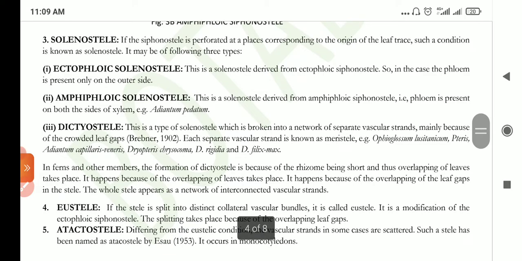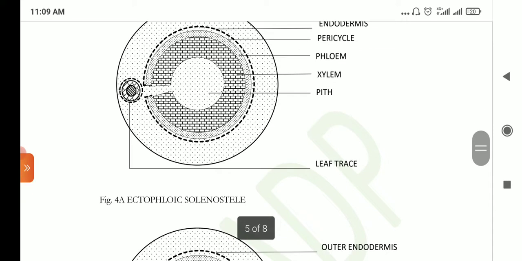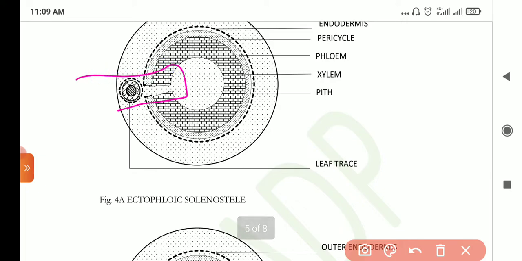Again, now looking at the dictyostele: the ectophloic and amphiphloic dictyostele are the same as the previous. The only difference is that you see some gap here, there is a leaf trace and a gap. So it's exactly the same.